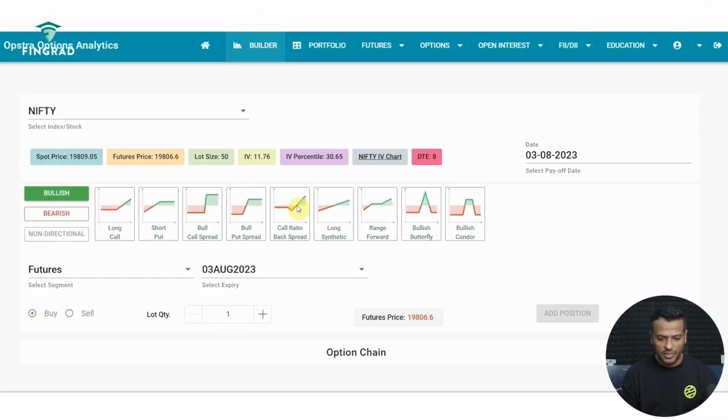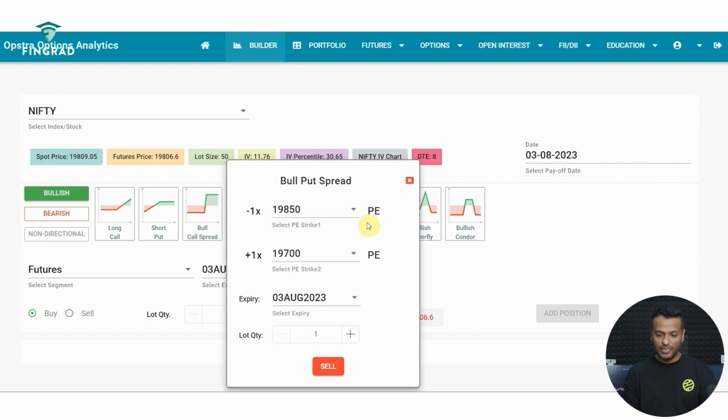Now let us see the payoff chart of this strategy and understand more in detail about the strategy. As you can see, I am on the website of opstra.definance.com and I choose the option of bull put spread. As I told you, you basically would be writing an at the money put option. So we choose to write say 19,800 because that is at the money strike price. And you feel that the range has been about 150 points on daily basis.